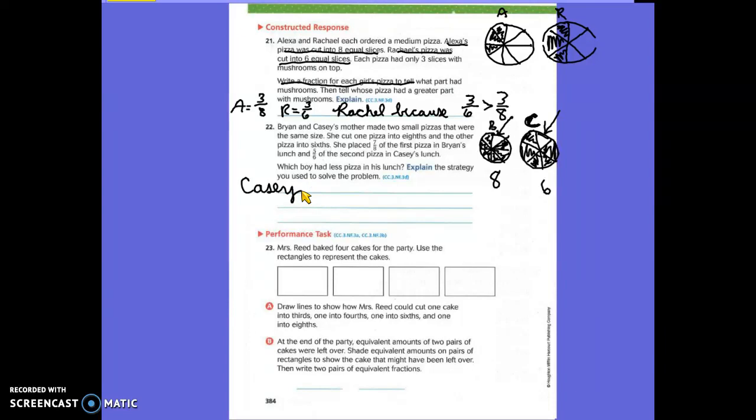And explain the strategy. I look at the missing piece of each pizza.